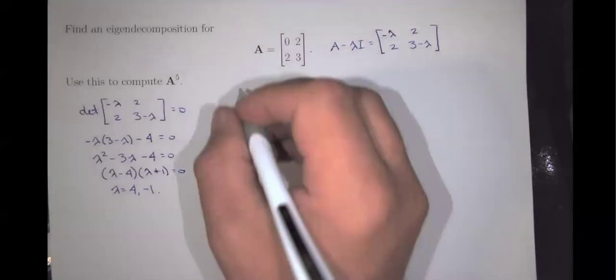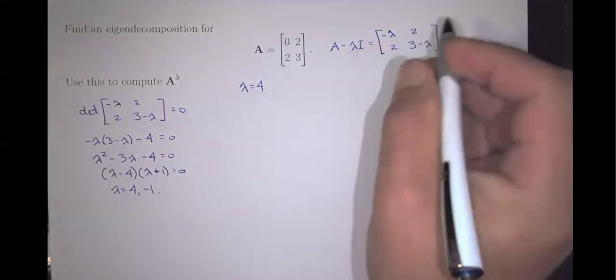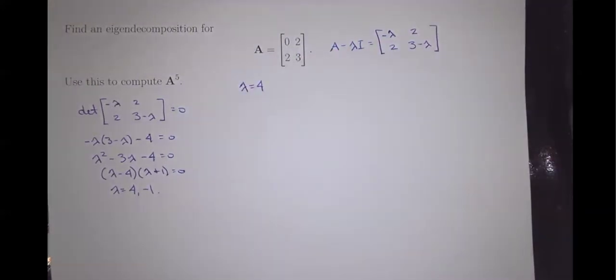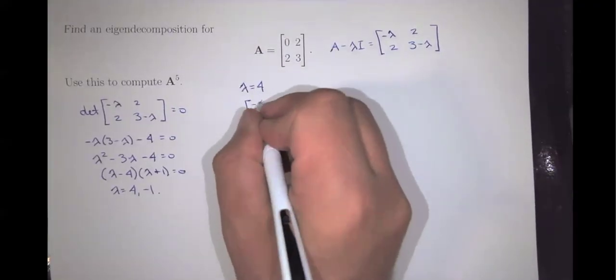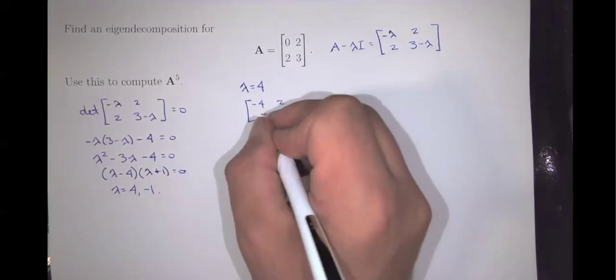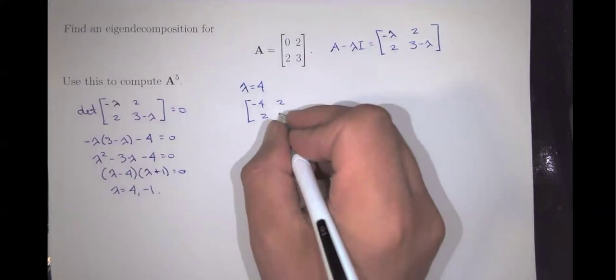Now, when lambda is equal to 4, if we look at our A minus lambda I, we've got negative 4, 2, 2, 3 minus 4 is negative 1.